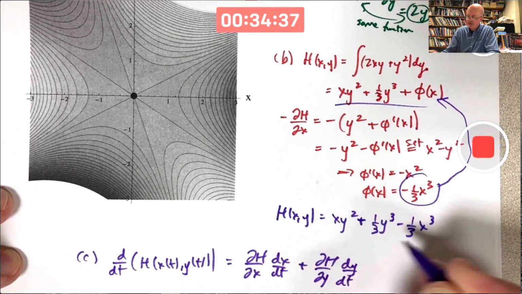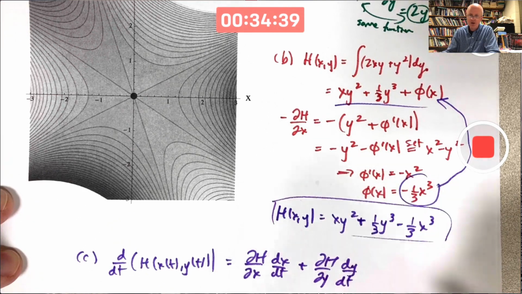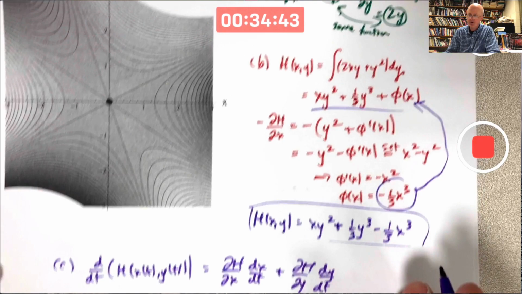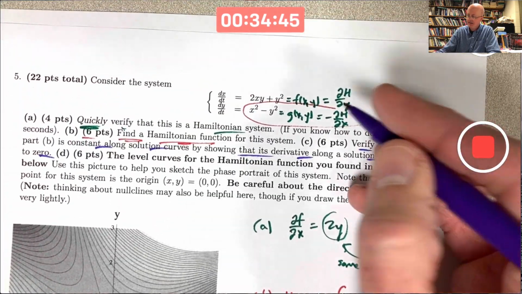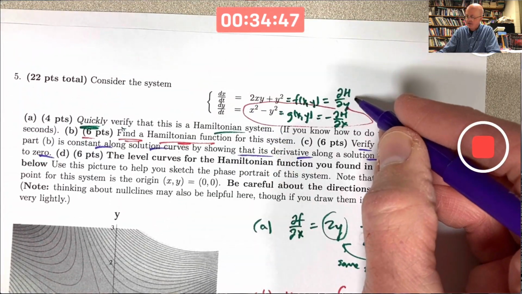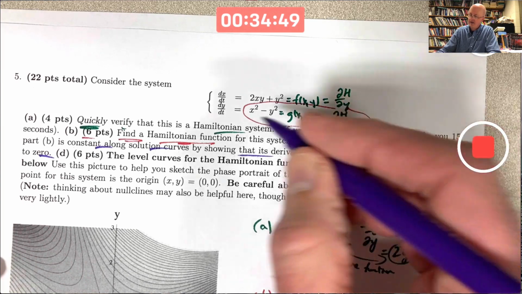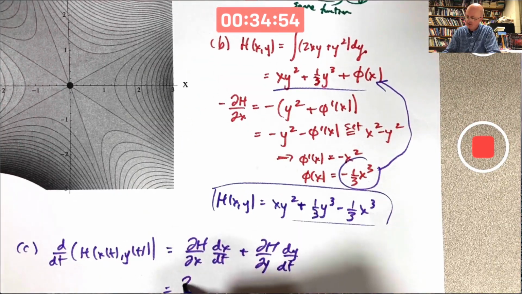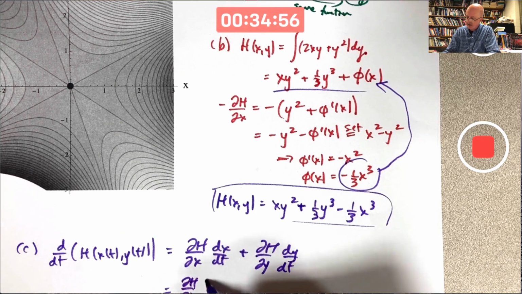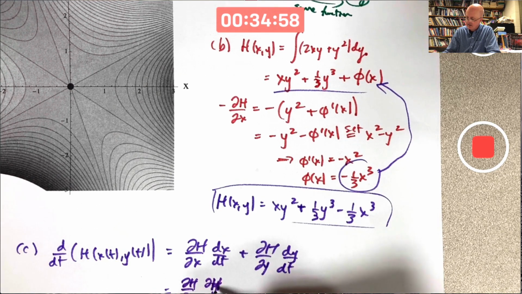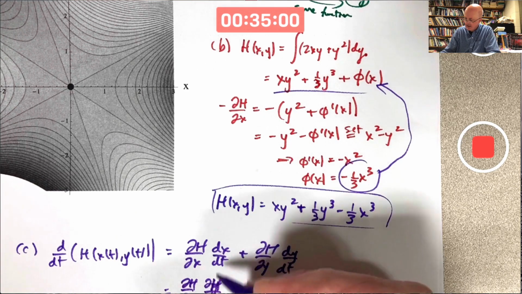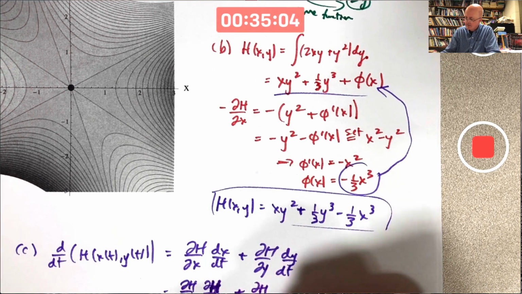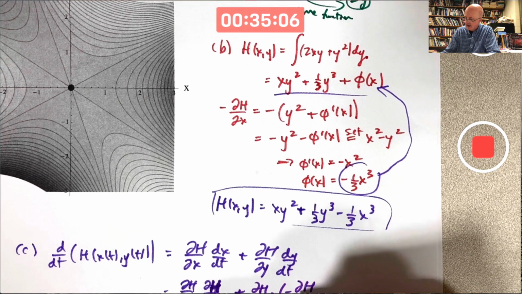And yeah, I can use this particular function and plug in that function, but I also can use the fact that I know it's Hamiltonian. I know dx/dt is equal to dh/dy, and dy/dt equals negative dh/dx. So this becomes dh/dx times dh/dy plus dh/dy times negative dh/dx.